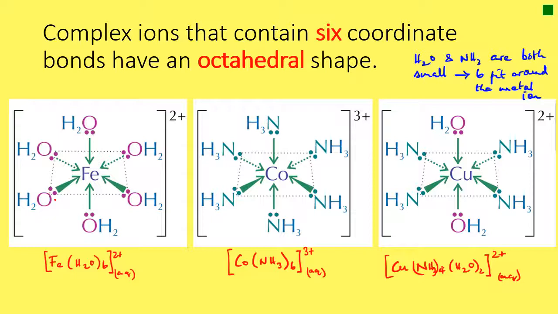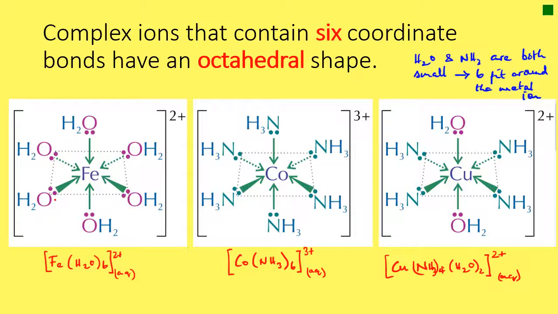And it's the same shape for the other 2. So in the second complex, or the middle complex, we've got a cobalt ammonia complex. So let's write that down. We've got cobalt, and we've got 6 ammonia ligands, and the overall charge on that complex is 3+.